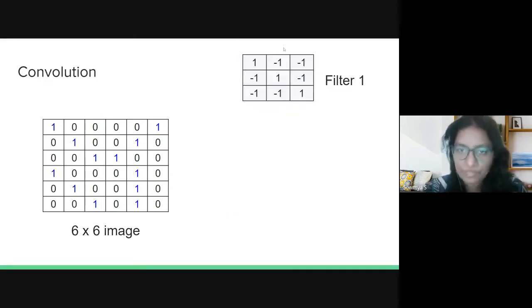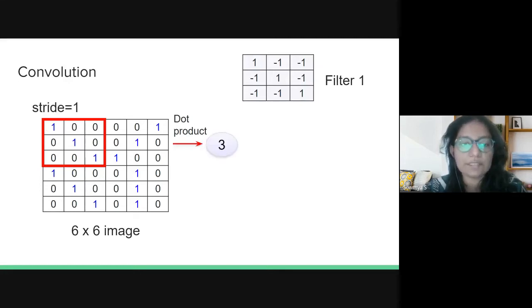Let's take the first filter, where the diagonals are positive 1 and the remaining are negative. When we apply the filter, we take the dot product and we get 3, because the other values are 0.